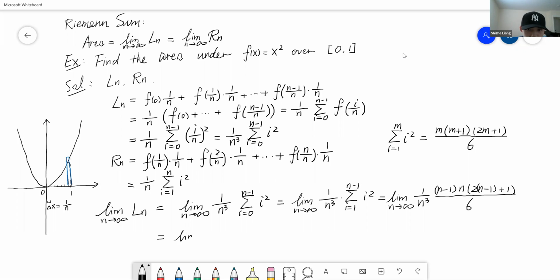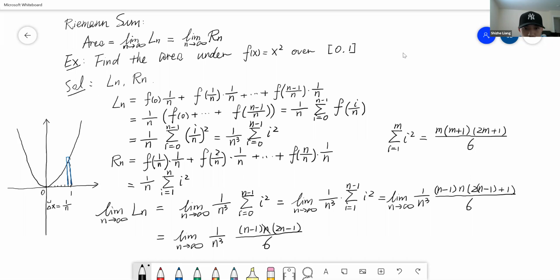So this is equal to the limit as n approaches positive infinity of 1 over n cubed of n minus 1 times n, and if you simplify the inside parentheses, you will see that this is equal to 2n minus 1, over 6.